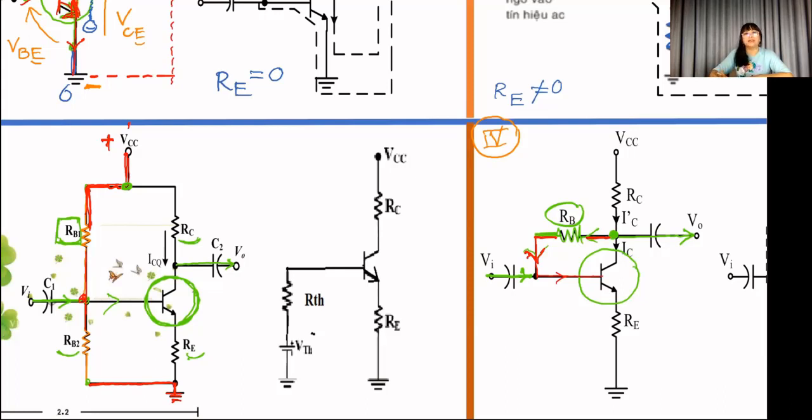Trong trường hợp này điện trở phân cực nó nối với cực C như vậy là nó vừa làm nhiệm vụ phân cực, đồng thời nó vừa làm nhiệm vụ là mang tín hiệu hồi tiếp. Hồi tiếp có nghĩa là mang tín hiệu ngõ ra, quay trở ngược về ngõ vào, tức là trả lại đấy, cái feedback resistance.